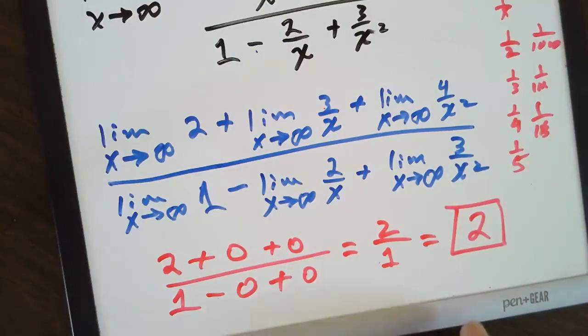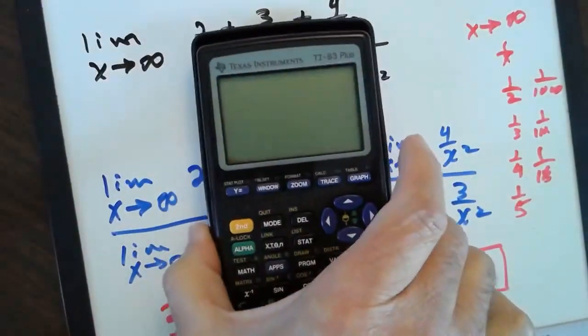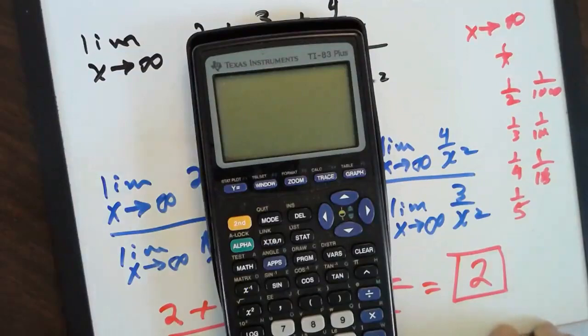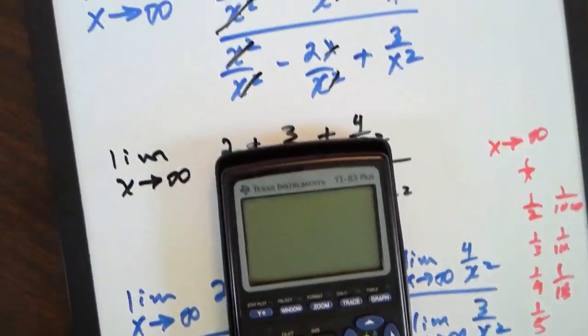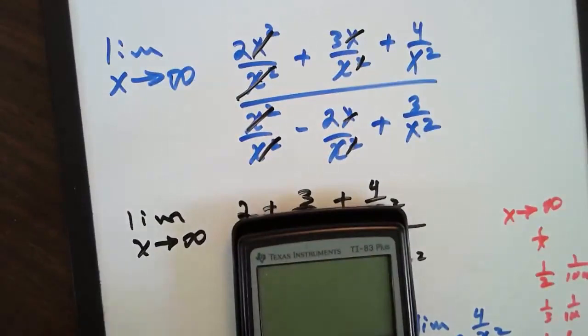We can check that on the calculator by graphing it. Let's see how that looks. If we put in our function, 2x squared plus 3x plus 4 over x squared minus 2x plus 3, and we graph it, what I did is adjust the window.